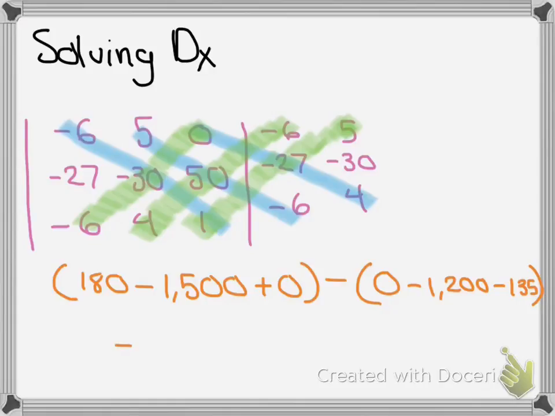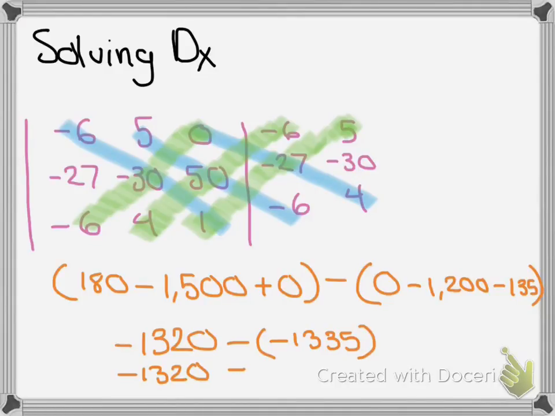Now we have to solve. On the left side, 180 minus 1,500 is negative 1,320. And on the right side, which we have to solve as well, negative 1,200 minus 135 is negative 1,335.